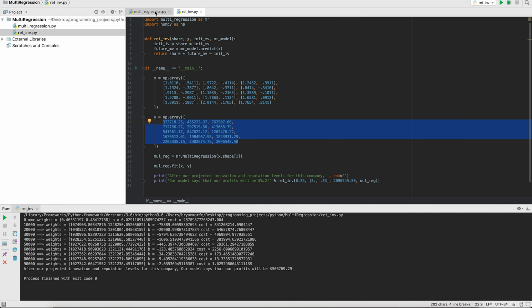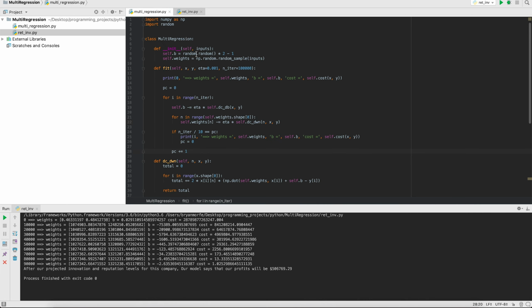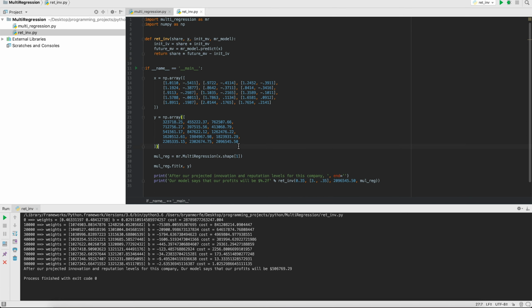And remember that when we initialize this, we're initializing this as very low numbers, between -1 and 1. This is why this error is so big here, because we are pretty much comparing really small values to really large values.